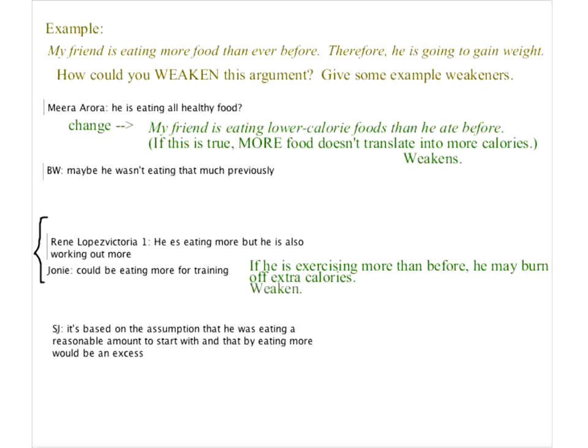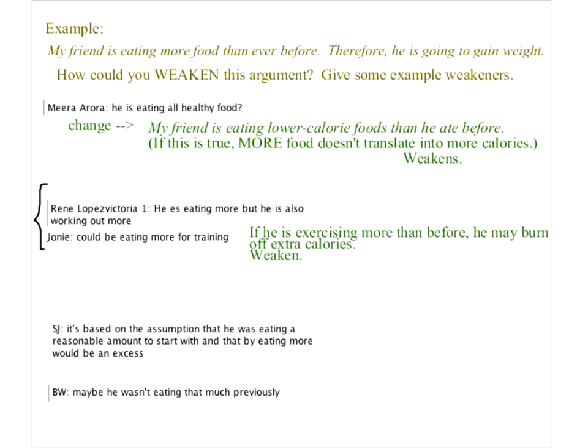The reason why these other two are not weakeners is that we're just talking about gaining weight over and above my friend's present state. We're not talking about a healthy or reasonable weight or something like that.